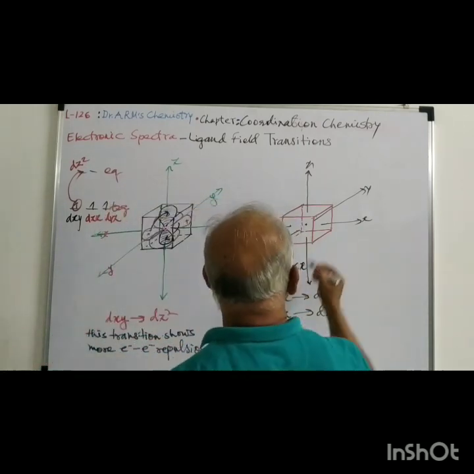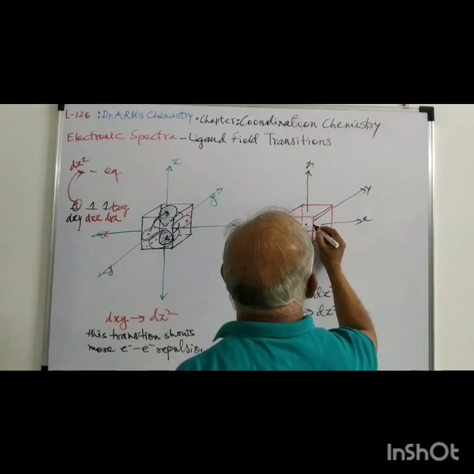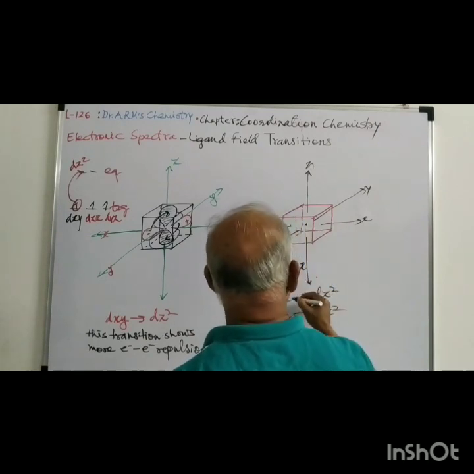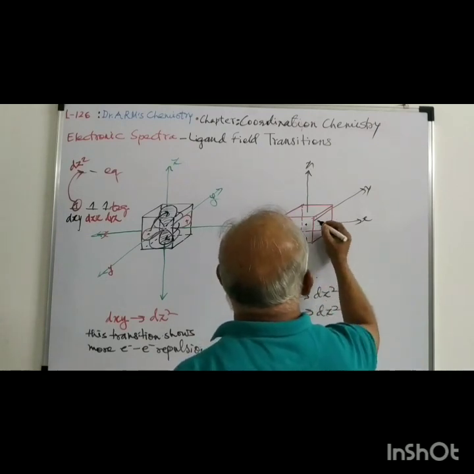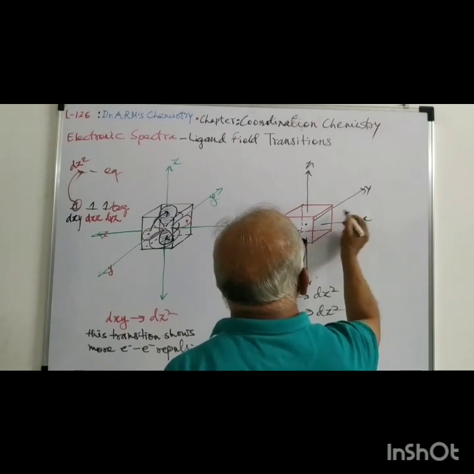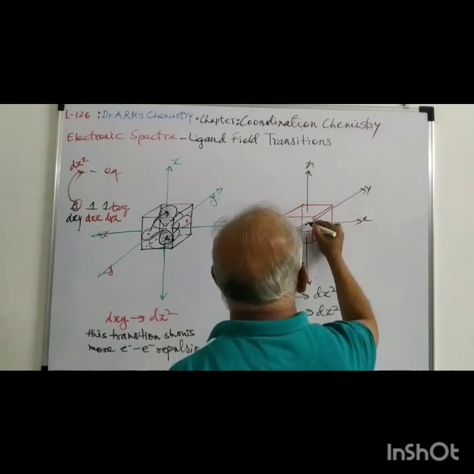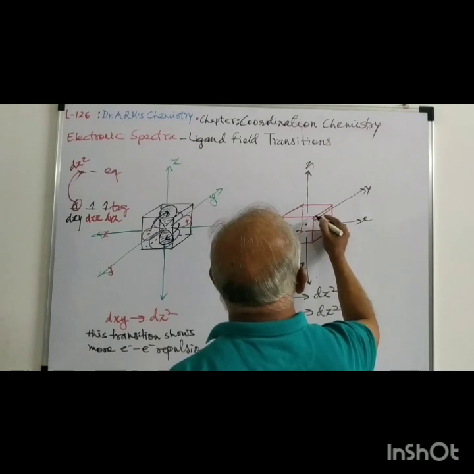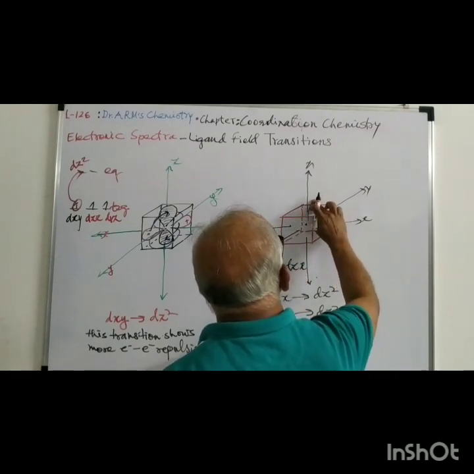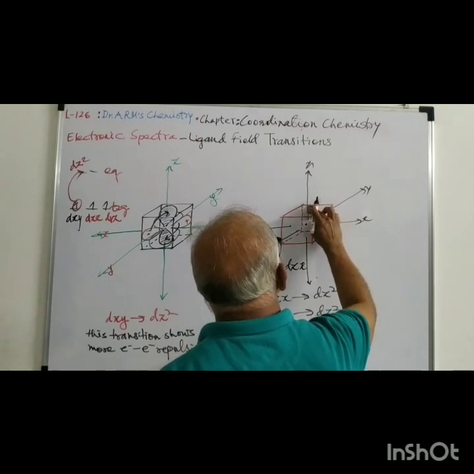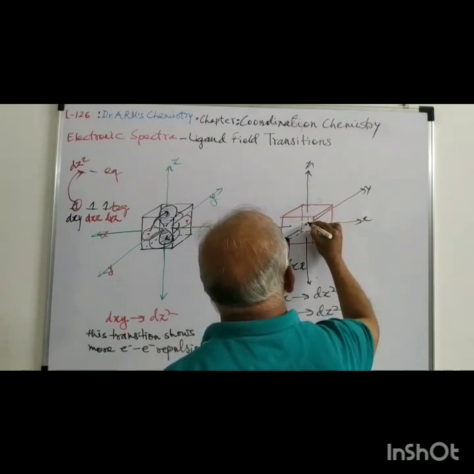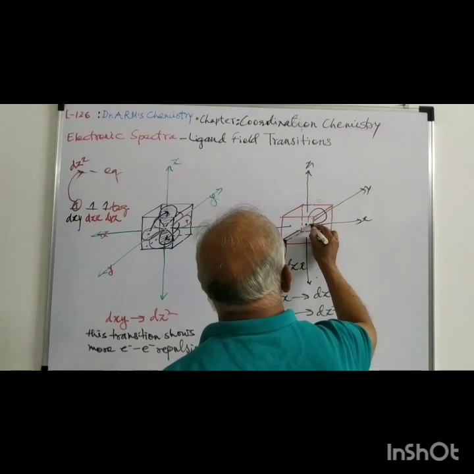So if we consider this dyz, or dzx we can take here, and if we take this x-axis here, the orbital is lying between these axes, like this.